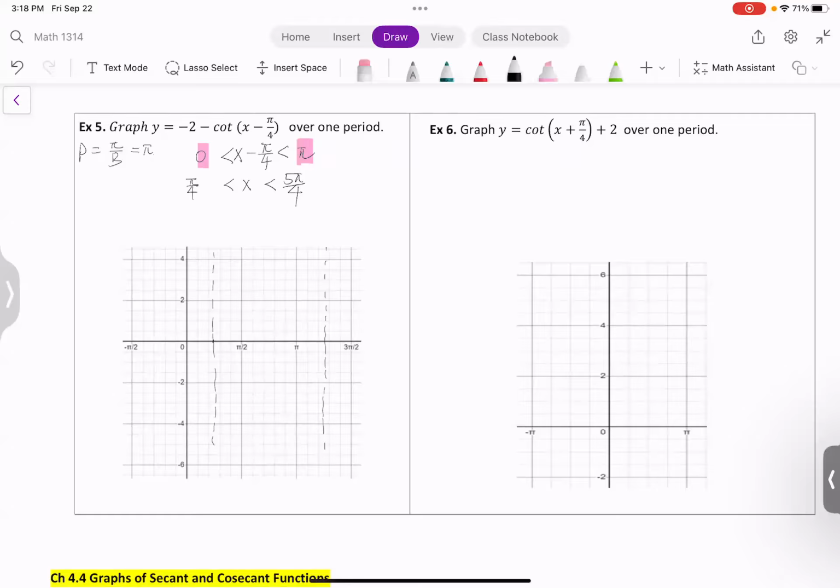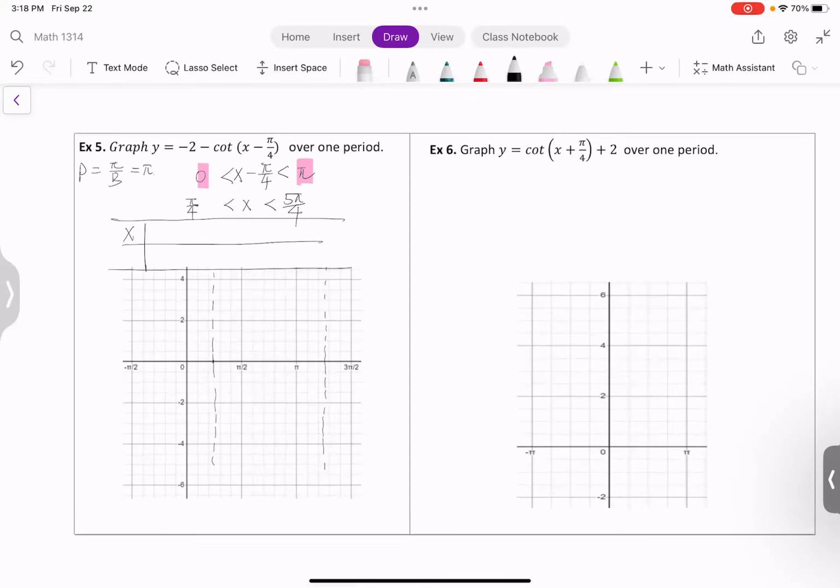Okay, so let's find the chart. So x, and this is -2 minus cotangent of x minus pi over 4. If you do not like the form like this, you can rearrange the order, because we have learned that we'd like to have y equals a times cotangent of b times x minus c, plus d.